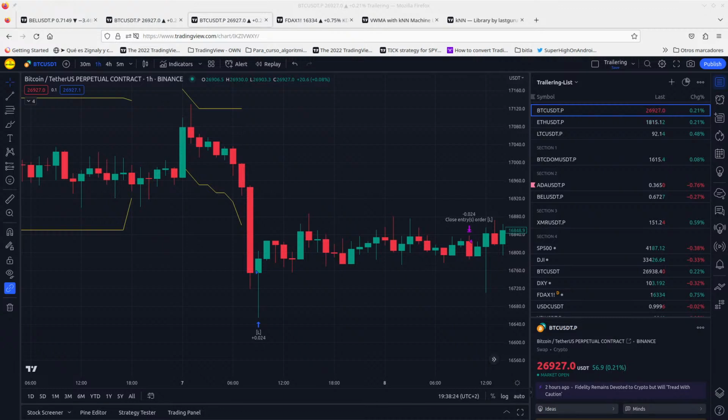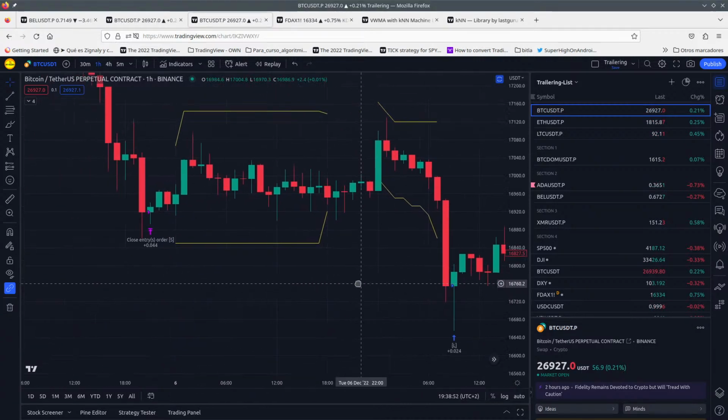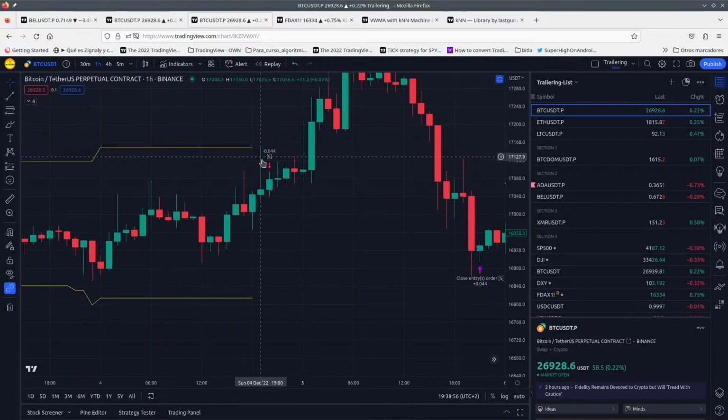Okay, and then find which is the lowest candle from there, and then that's the stop loss, and you go to the upside. I don't know about this one. So maybe the short one is something like this.